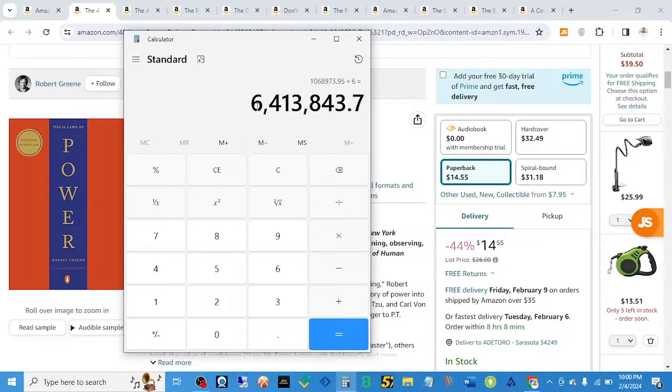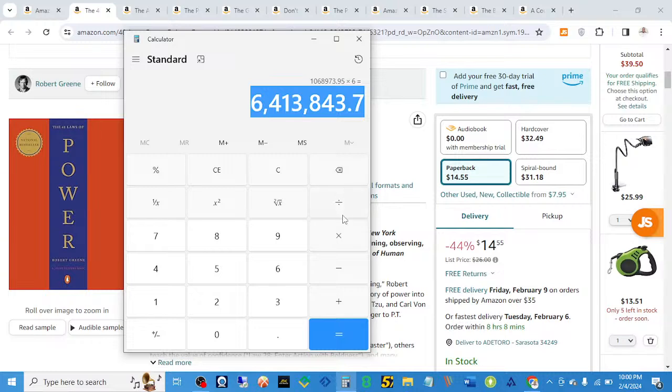Now convert this into your own country's currency. If you are from the US, the United States of America, you don't have to convert it to any other country. But if you are from some other country, convert it into your currency and see what the amount is.